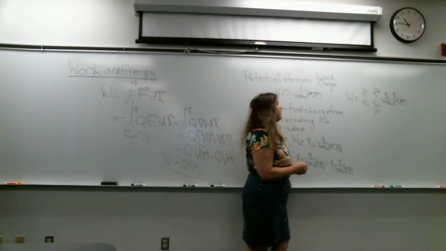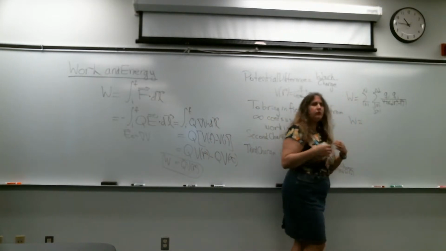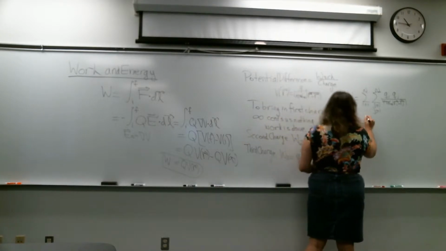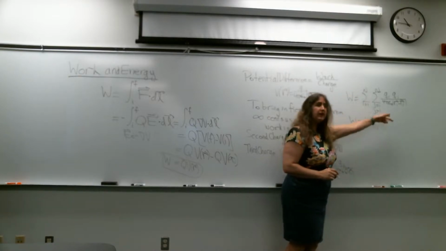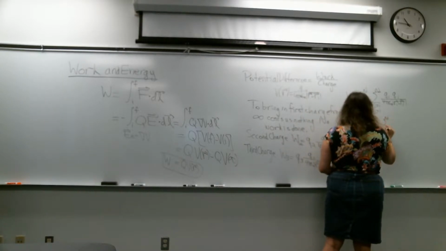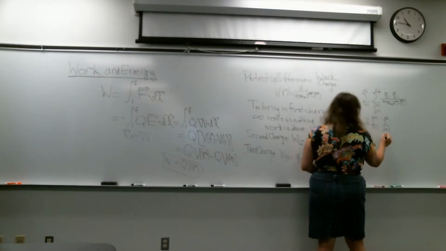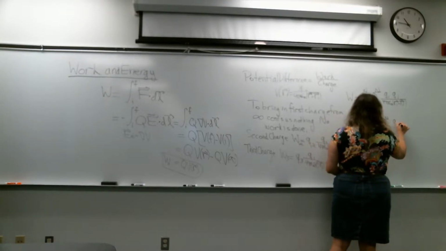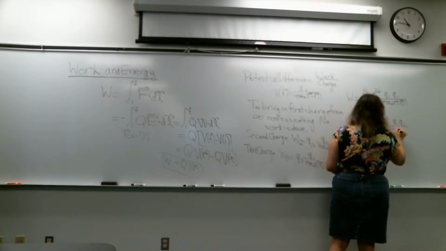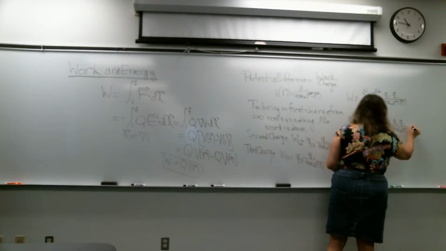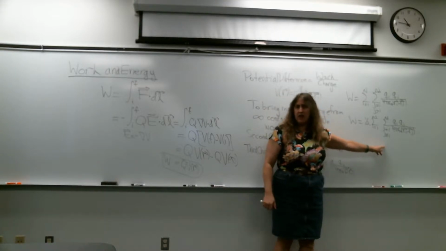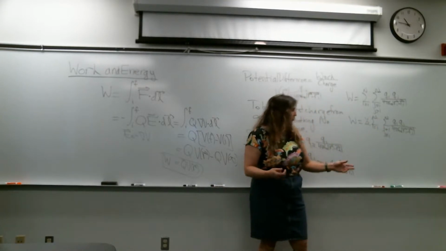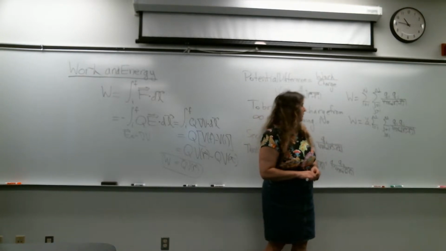Writing this in a neater form, I can do this as 1/2 summation i equals 1 to n, summation j equals 1 to n, with the restriction that j is not equal to i, of q_i q_j over 4 pi epsilon naught, magnitude of the separation vector again.